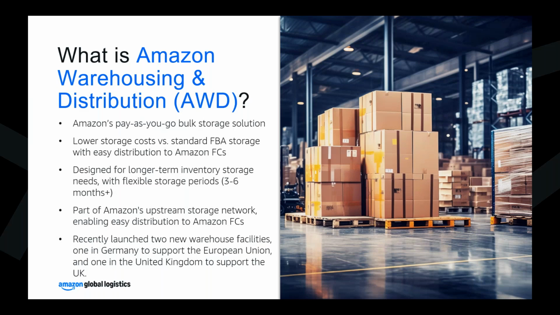Amazon Warehousing and Distribution we had in the US marketplace for quite some time now, and we recently launched 2 new facilities, one in Germany and one in the United Kingdom. We are at the moment in the pilot phase, but this will be launching mid of August, and we're really excited for all of you to use.